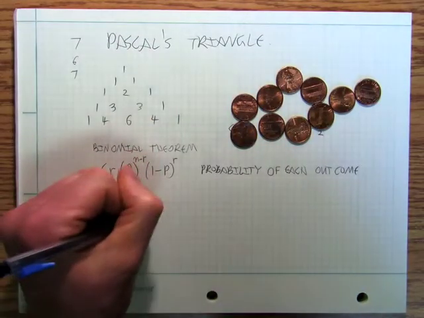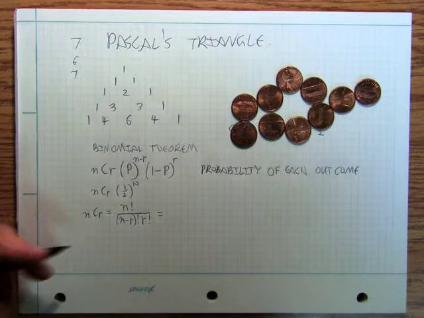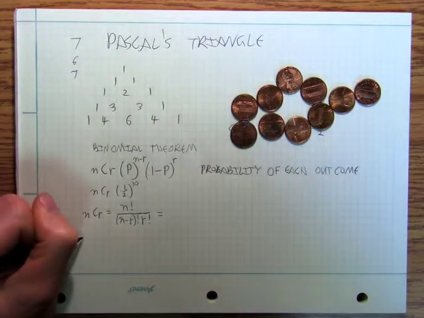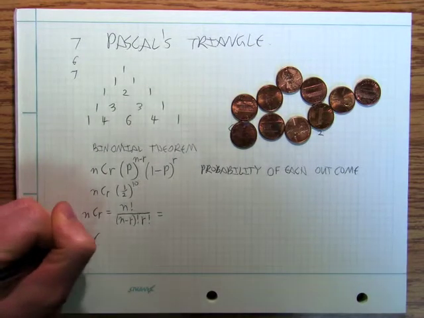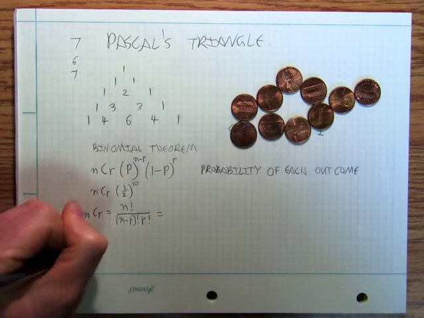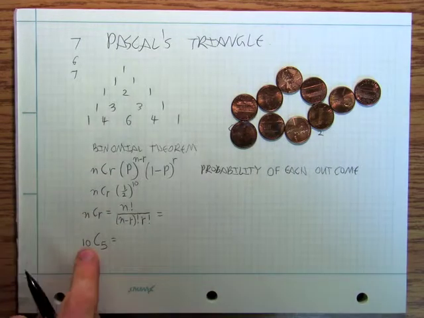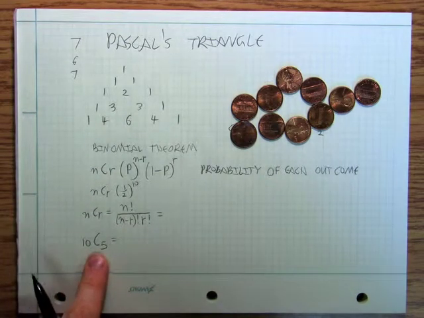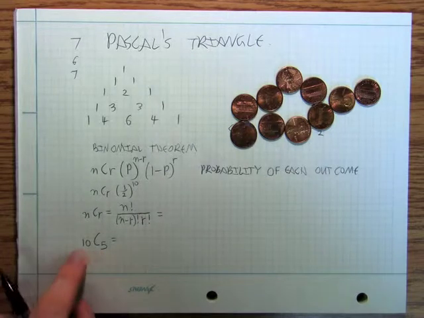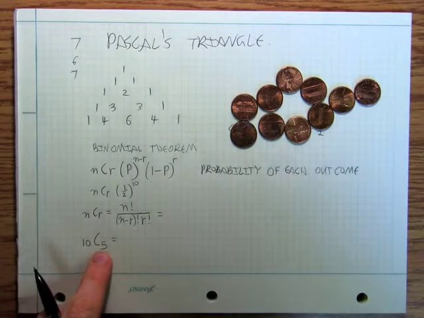Okay, so what is the probability that if I take 10 coins, I'm going to come up with exactly 5 heads? Well, how many different ways can I throw 10 coins and come up with 5 heads?